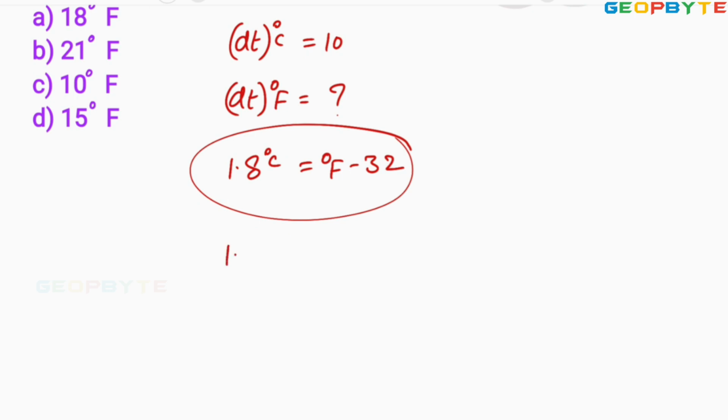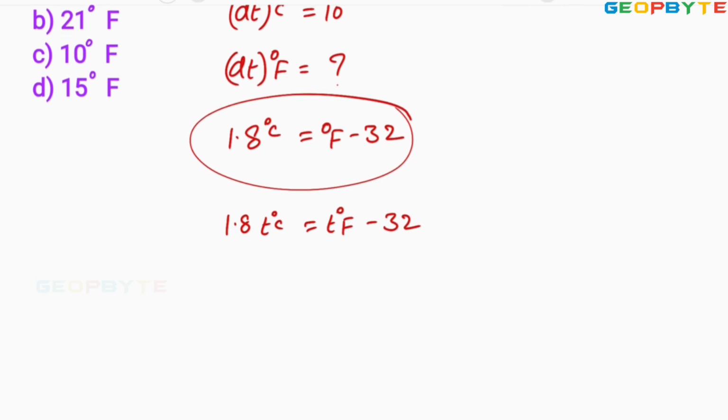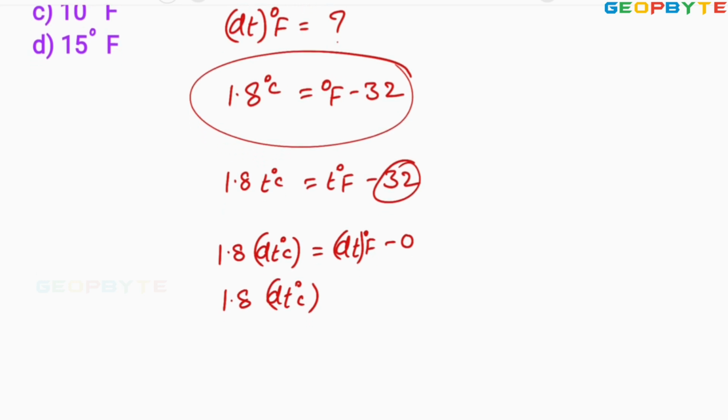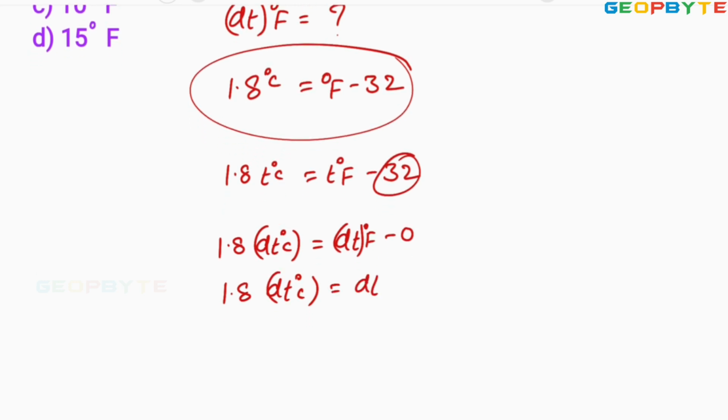Can also be written as 1.8 into thermometer reading in degree centigrade equal to thermometer reading in degree Fahrenheit minus 32. So let us differentiate it on both sides. 1.8 into the difference dt in degree centigrade equal to dt in degree Fahrenheit. Differentiation of constant is 0. So 1.8 into difference in temperature of degree centigrade is equal to difference in temperature of degree Fahrenheit.